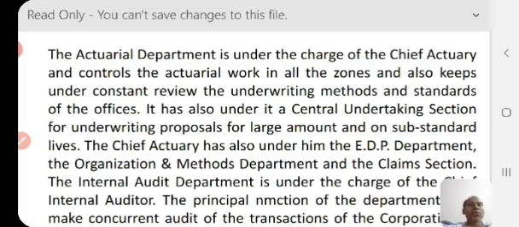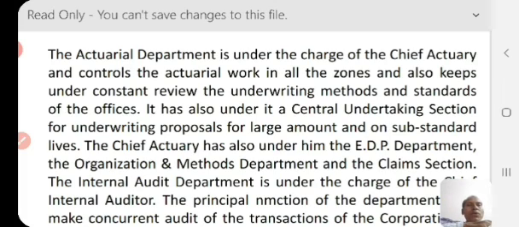Now, the Actuarial Department is under the charge of the Chief Actuary and controls the actuarial work in all zones. It also keeps under constant review the underwriting methods and standards of the offices.